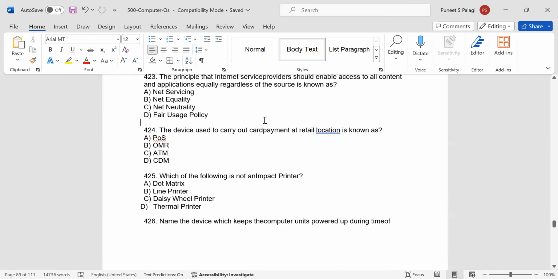The principle that internet service providers should enable access to all content and applications equally, regardless of the source, is known as net servicing, net equality, net neutrality, fair user policy.